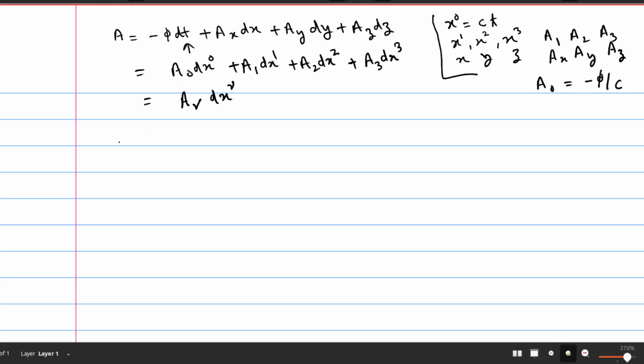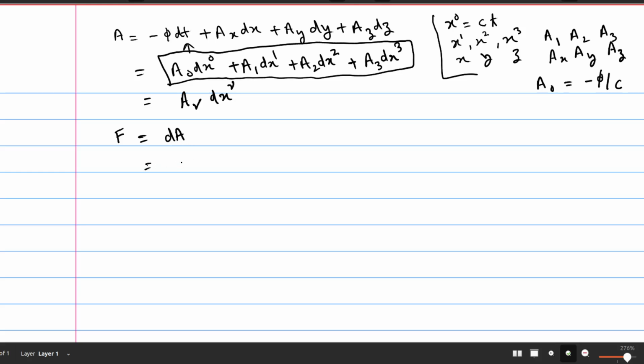Now the electromagnetic field tensor F is defined as the exterior derivative of A. If we use this expression here, instead of Einstein's summation convention, and we calculate the exterior derivative of A, then it is given by dA0 wedge dx0 plus dA1 wedge dx1 plus dA2 wedge dx2 plus dA3 wedge dx3.